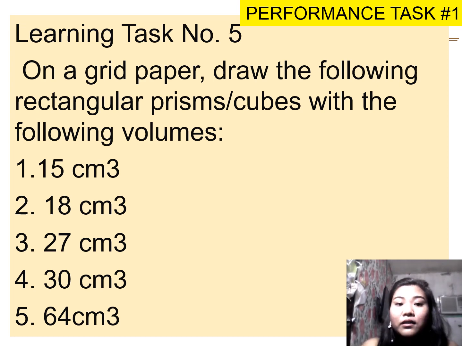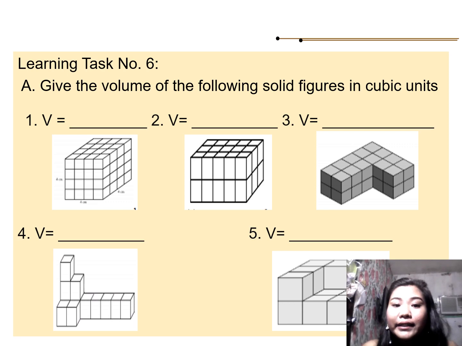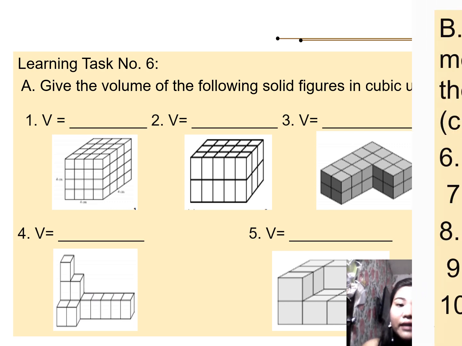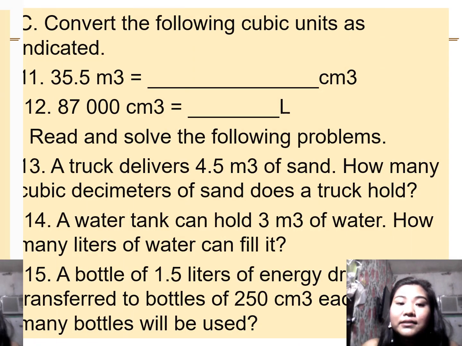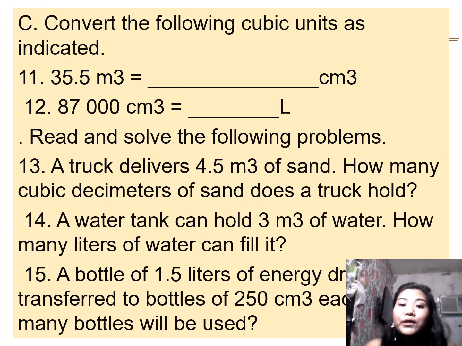Then, in learning task 3, number 6 is what you will answer. A, give the volume of the following solid figure in cubic units. Then B, what is the appropriate unit of measure to be used in measuring the volume of the following objects? Next, convert the following cubic units as indicated.